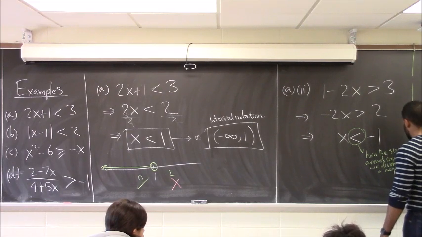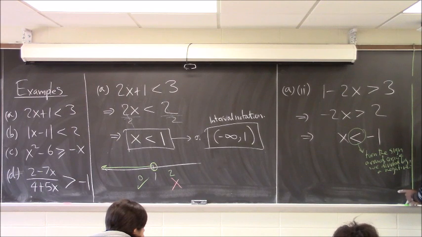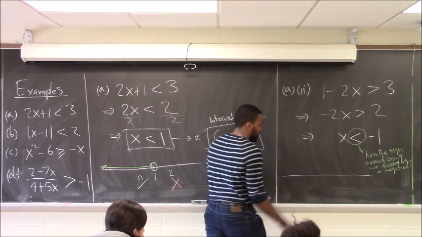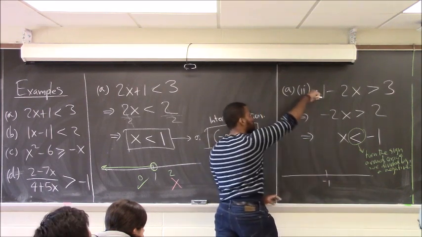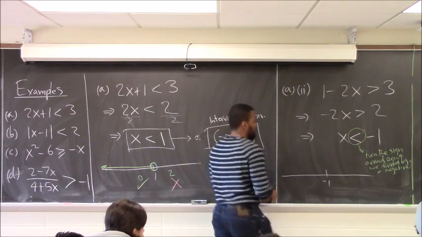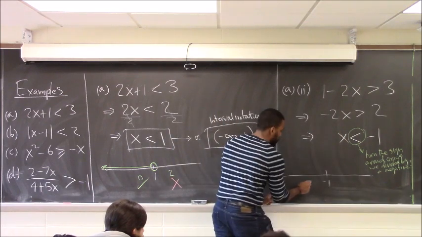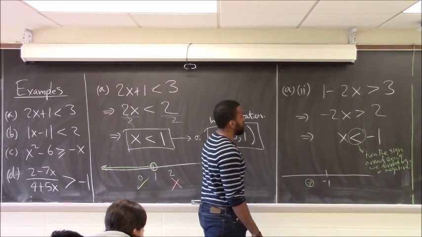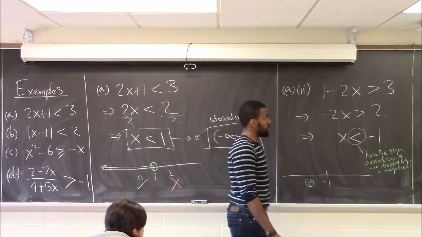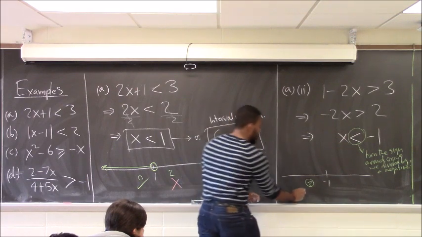Now, ultimately, even if you technically forget to do that, you should be able to pick up on what the actual answer is by doing the check in the original inequality. So I can plug in, say, -2, and I would get 1 plus 4, which is 5, which is greater than 3, so this works out.